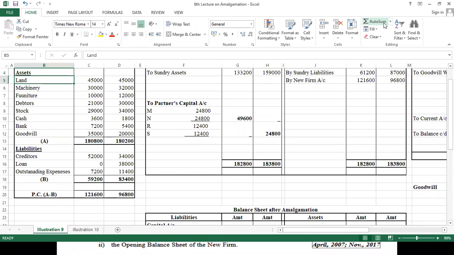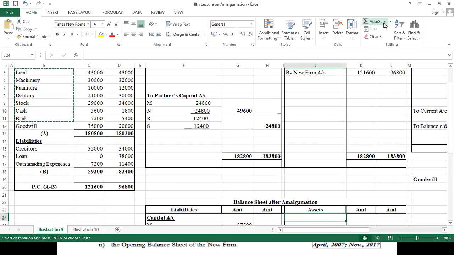Now coming to this side, first of all, there is no goodwill because we have already written off the goodwill. So we have this amount up to bank. So land, machinery, furniture up to bank. Land, see here, is 45 plus 45, 90,000.